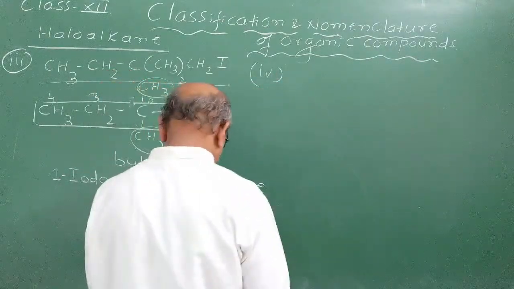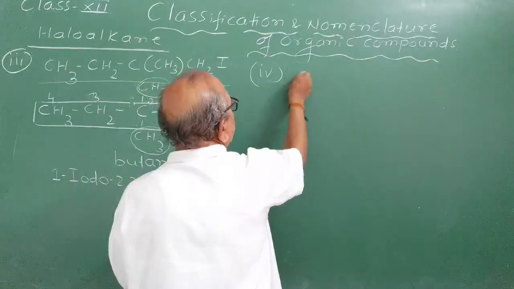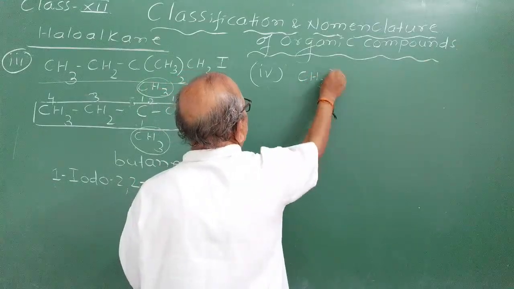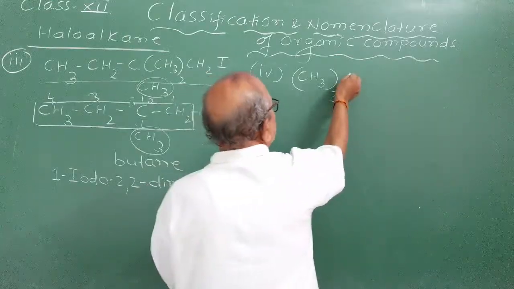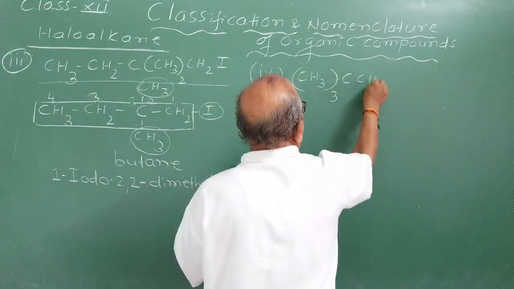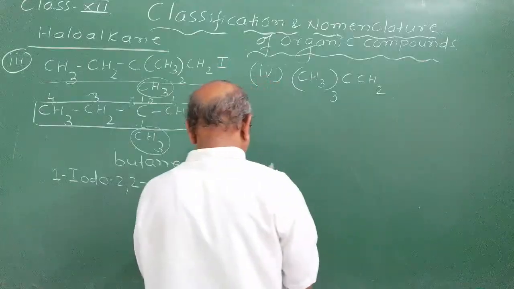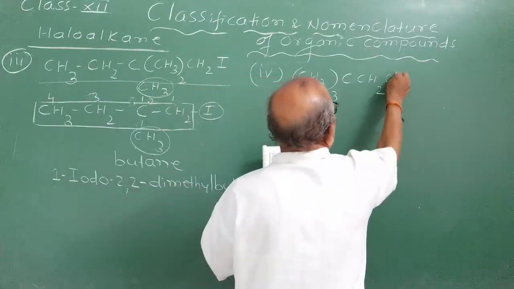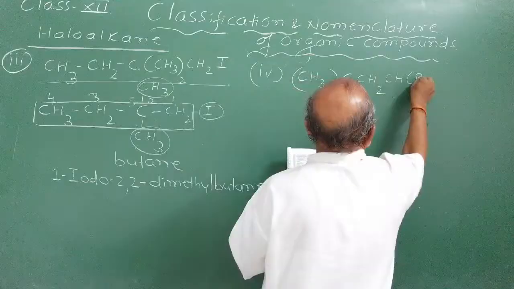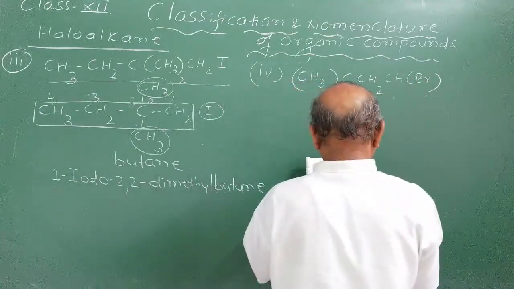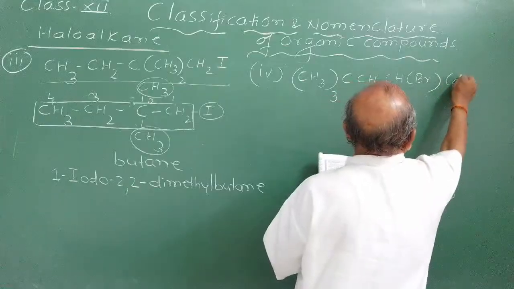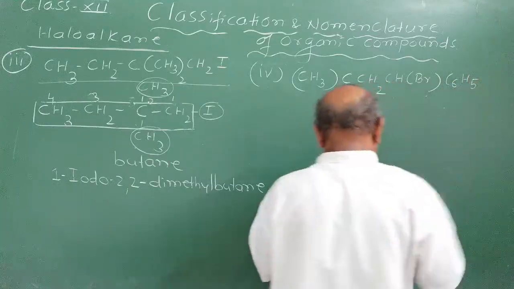Fourth example, CH3 thrice. Try this. They will give you like this, CH2. Many students get confused whenever they give the name like this, in the most condensed structural formula. Then you have C6H5. Try this one.